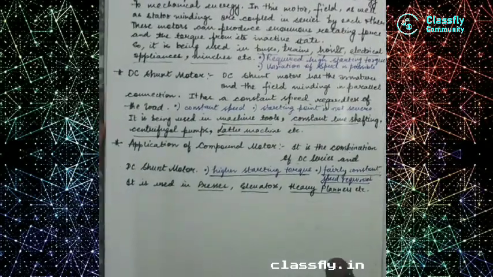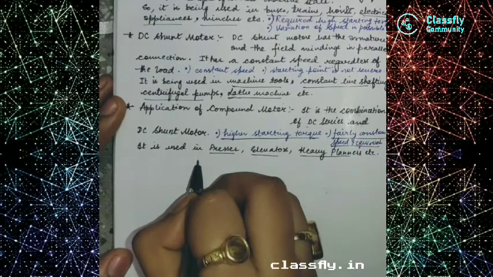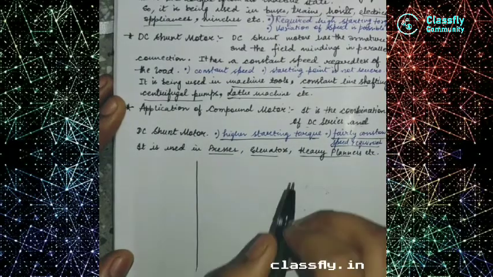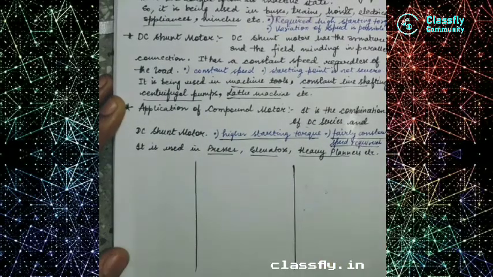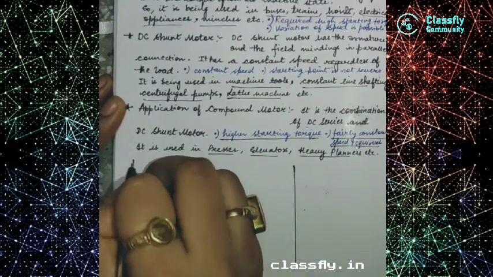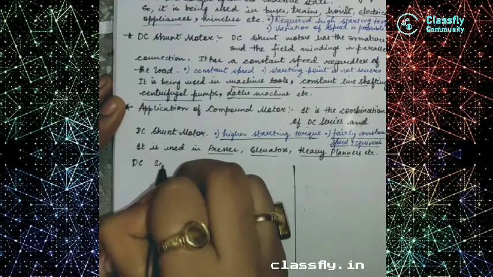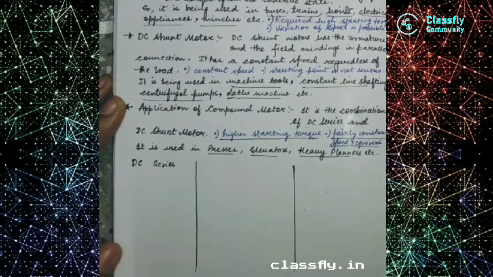If you are asked about the applications of the DC motor, you will write first of all DC series, DC shunt, and the last is the compound motor. I am just doing a brief summary.